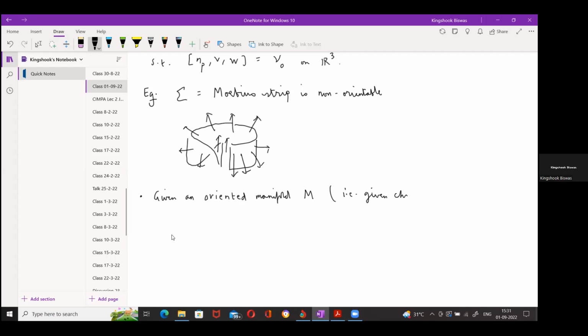So given charts (phi_i, U_i) such that the determinant of d(phi_i phi_j inverse) is positive for all i, j.